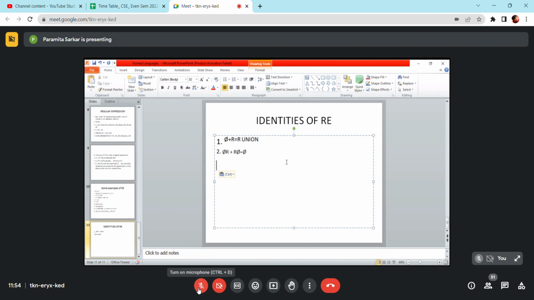So you write here that concatenation between phi and r, and r concatenation phi, always gives an empty set phi after performing the union operation. So what is this concatenation?